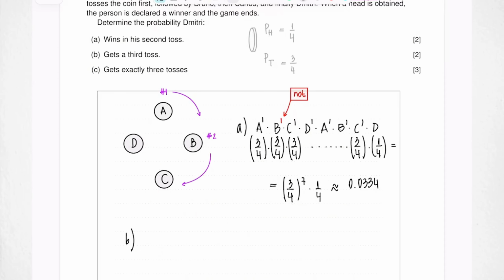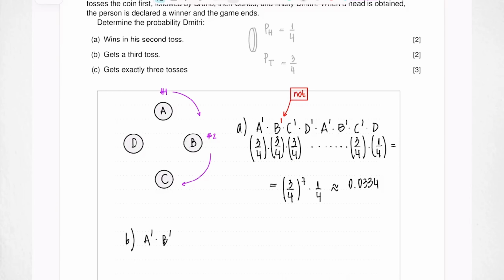What's the probability that Dimitri gets a third toss? That means that on the first round, nobody can win. On the second one, same thing. And on the third one, he gets the chance to actually toss it the third time. But do notice that it's not being mentioned here whether Dimitri wins that third toss or not.